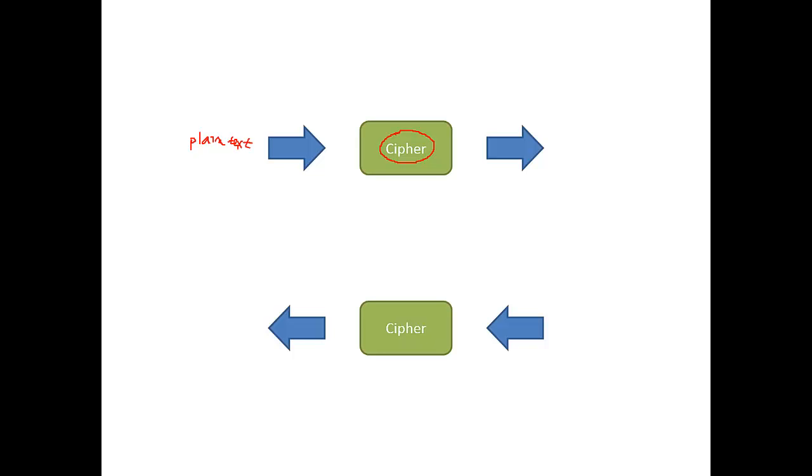Text after encryption, we call ciphertext. You still remember that. And this action of turning plain text into ciphertext is called encrypt or encipher. That's no problem to understand.